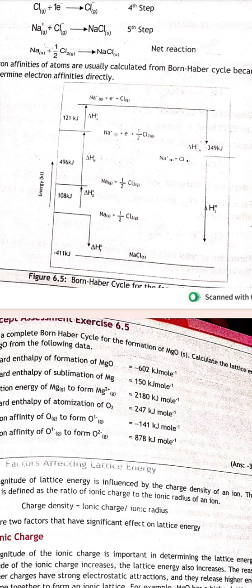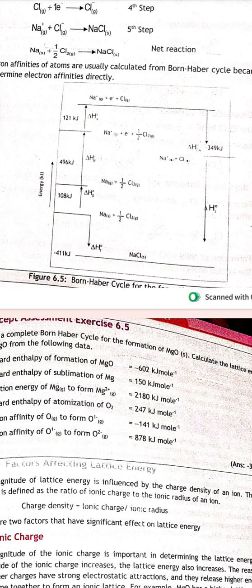So we have the NaCl and minus 411 kilojoule del H naught formation. Then we have the del H naught sublimation.